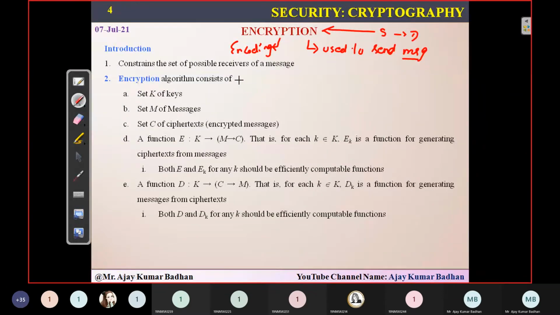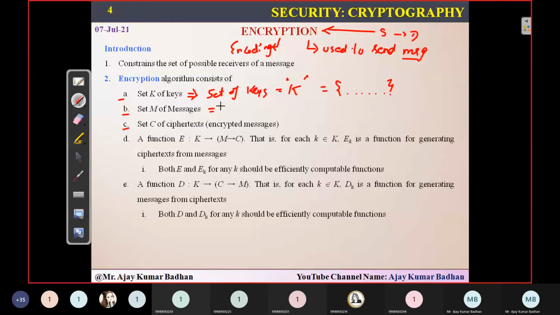Every encryption technique will basically consist of these 3 components. You have to remember this. The first component is a key, as I told you in the beginning, a secret key. It will consist of a set of secret keys, which I'm representing with the capital K. Remember, it is a set. Set means there will be multiple keys.